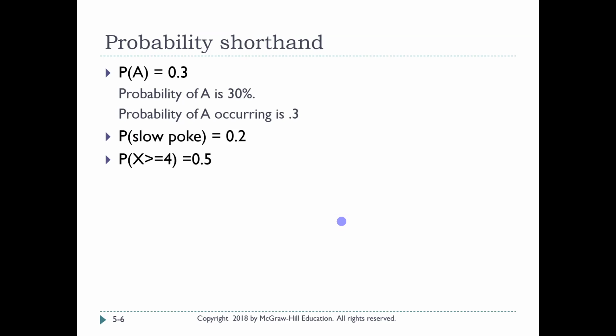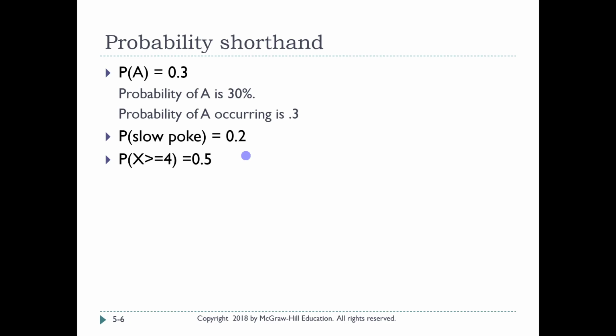Some shorthand that we'll use quite frequently. P(A) simply is shorthand for the probability of A. As we crunch a bunch of different probabilities, it's going to be handy to know these shorthands. So P(A) = 0.3, and we would read that one of 2 ways: probability of A is 30%, or probability of A occurring is 0.3.